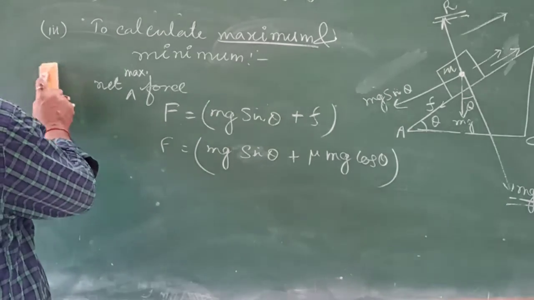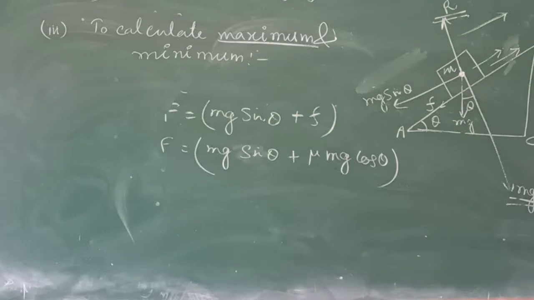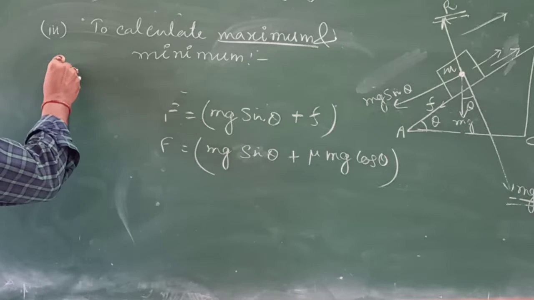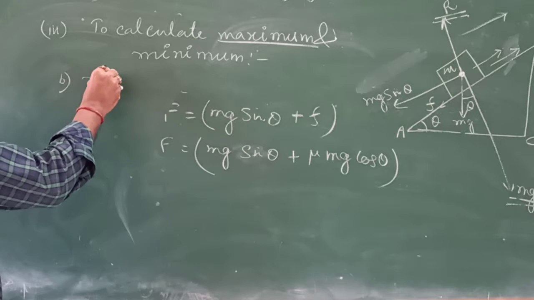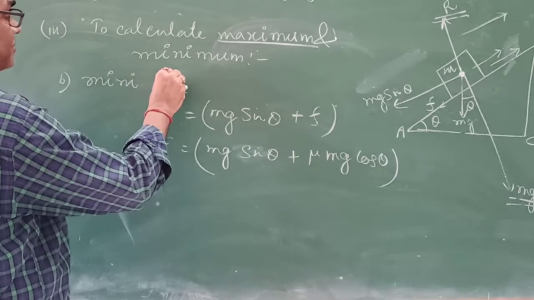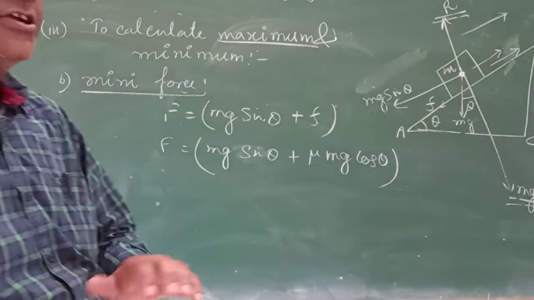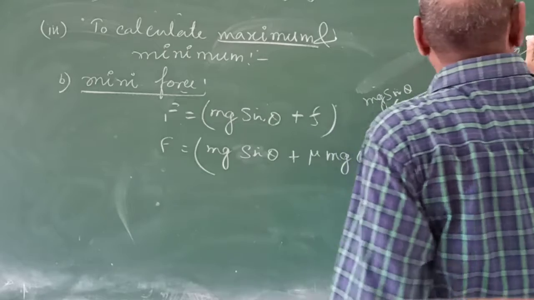Now, how can you calculate minimum force? Second point, minimum force required to move block in the downward direction. Now, you change the direction of motion.